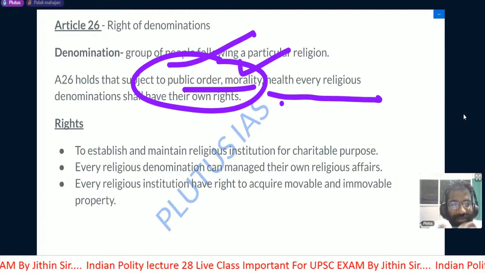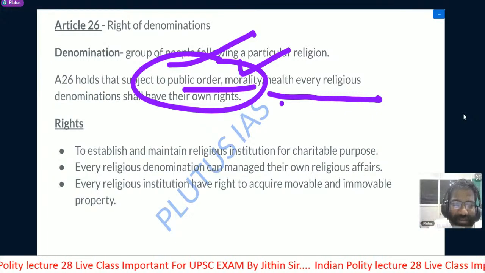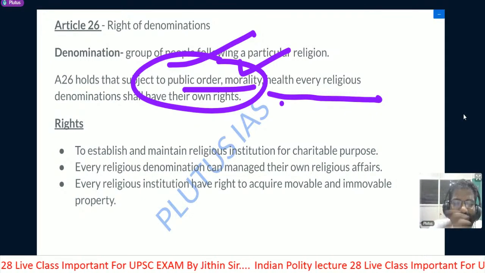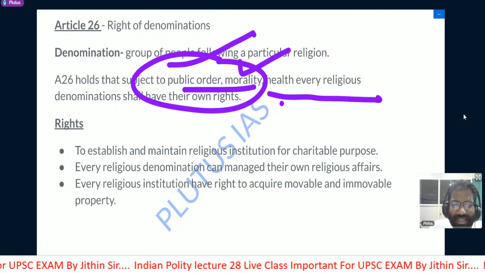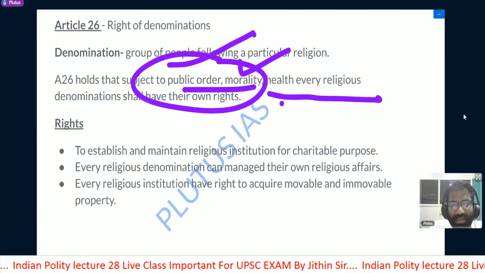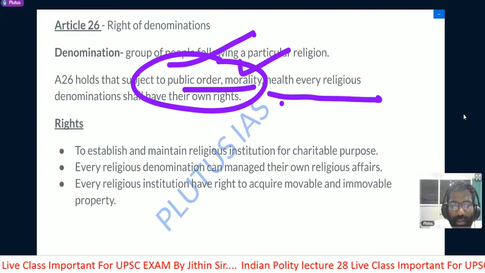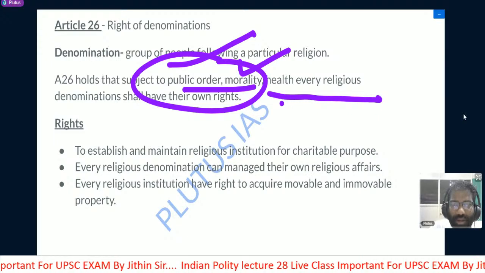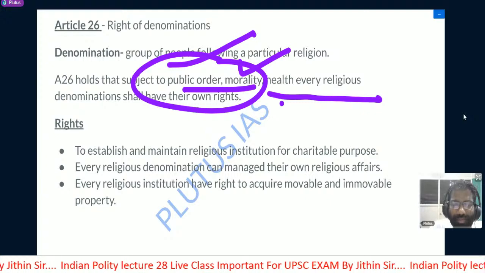Guys, if you ask me one line which I have said, it was very difficult because I just randomly speak. Okay. Next point is every religious institution has the right to acquire movable and immovable property.